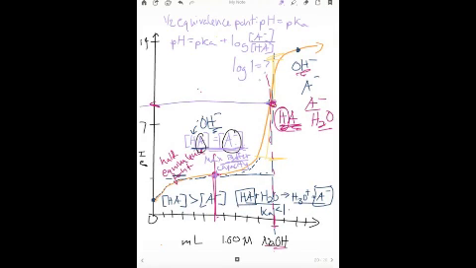The log of 1 is 0, because 10 to the 0th power equals 1. So that means the pH equals the pKa plus 0, or the pH equals the pKa. This way you can also find the pKa, and therefore the Ka of your weak acid.